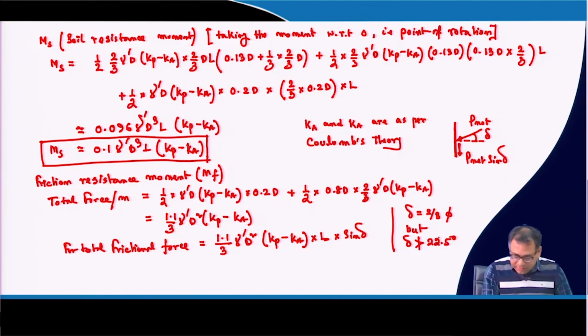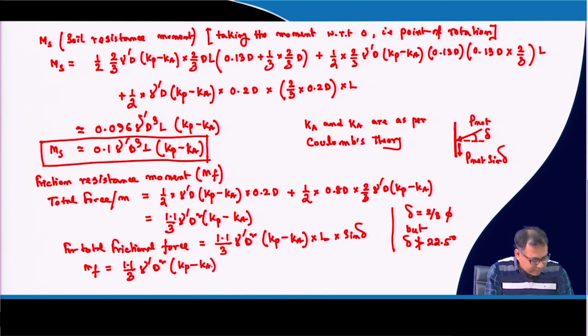So, we can write here that MF will be equal to 1.1 divided by 3 gamma dash d square (Kp minus Ka) into sine delta.